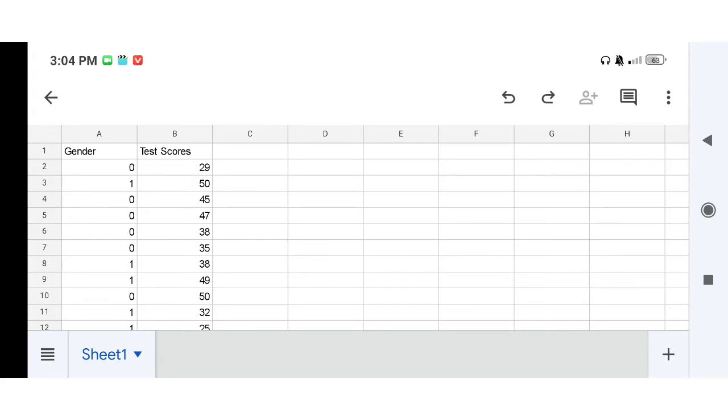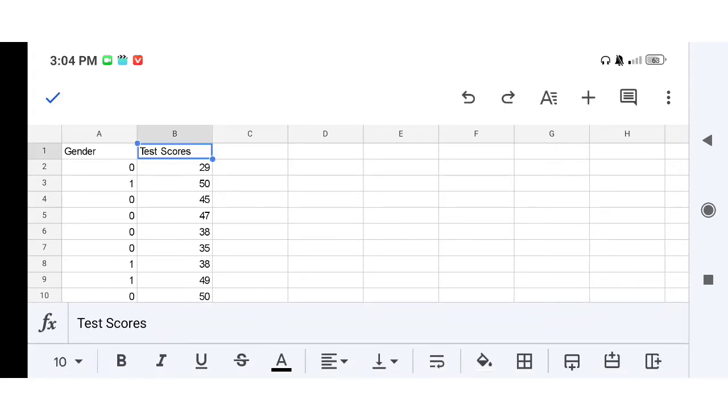So our situation is to determine whether there is an association between the test scores of the students and their gender. The gender would be our dichotomous variable, male or female, and the test score will be our continuous variable, 50 items.